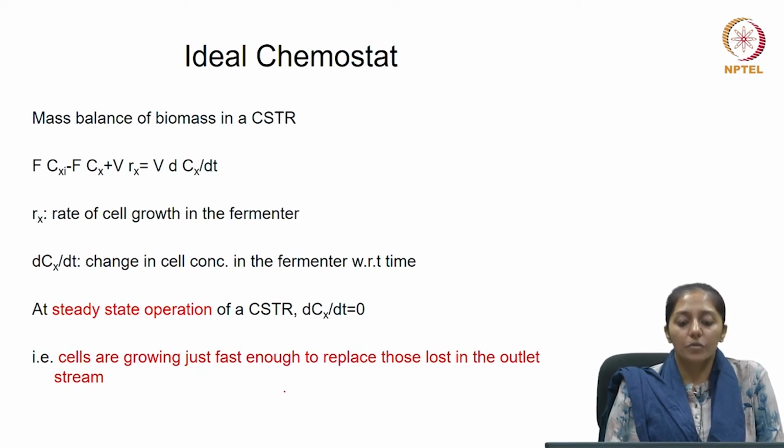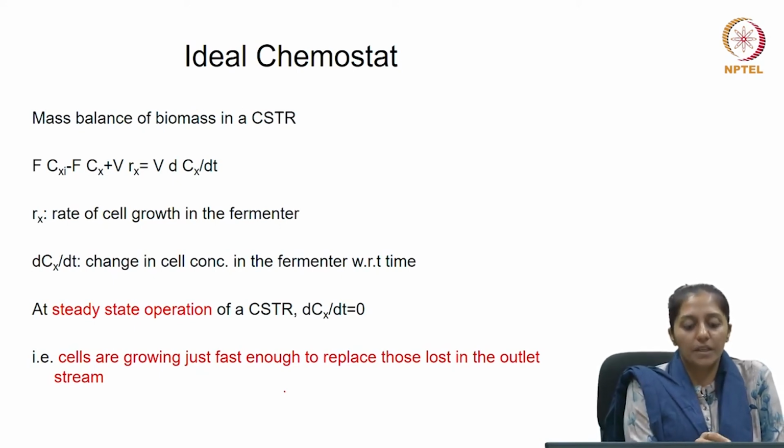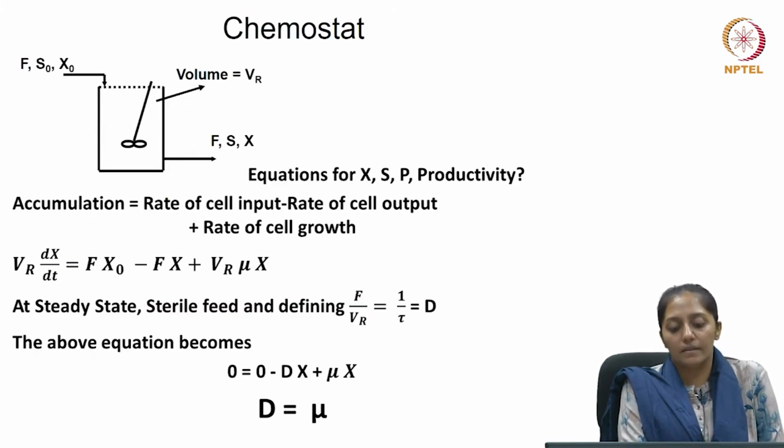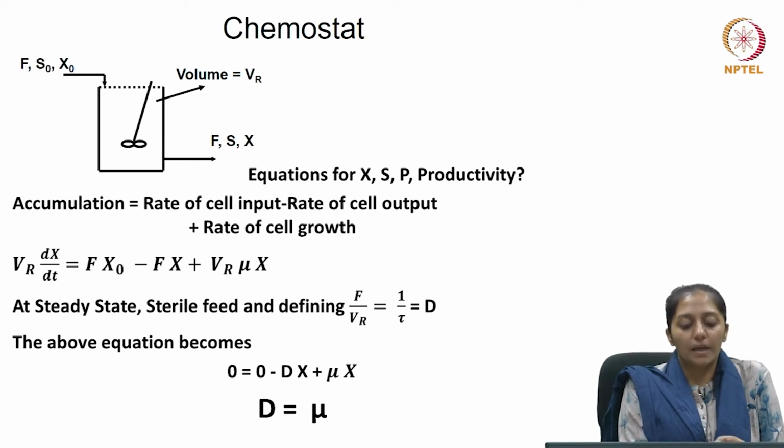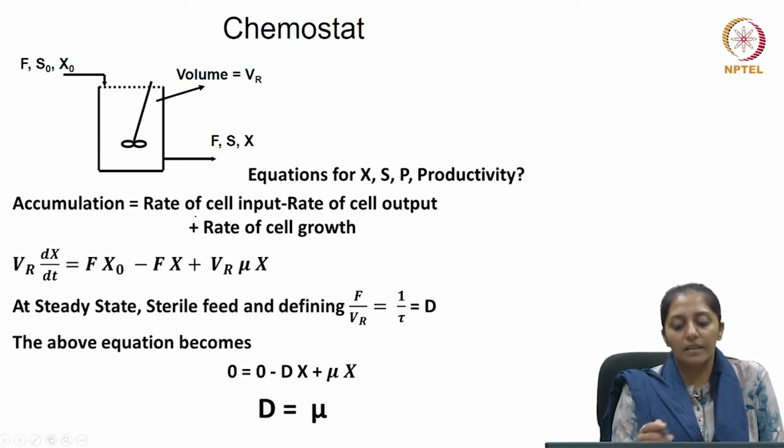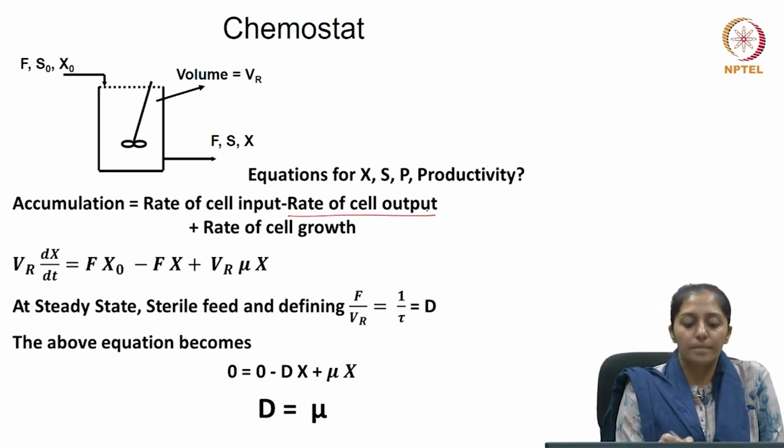Now, the ideal chemostat, as I was mentioning. If we do a mass balance across this ideal chemostat for the biomass, which means if we apply the continuity equation, the rate of accumulation of the biomass will be equal to the rate at which the cell mass is coming inside the reactor, minus the rate at which the cell mass is going outside the reactor, plus the rate of cell growth.